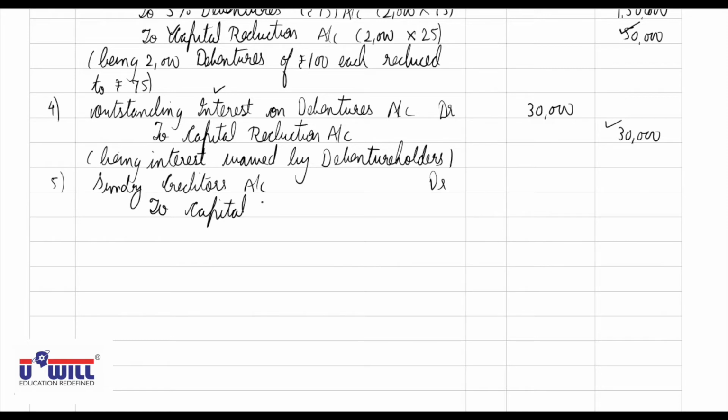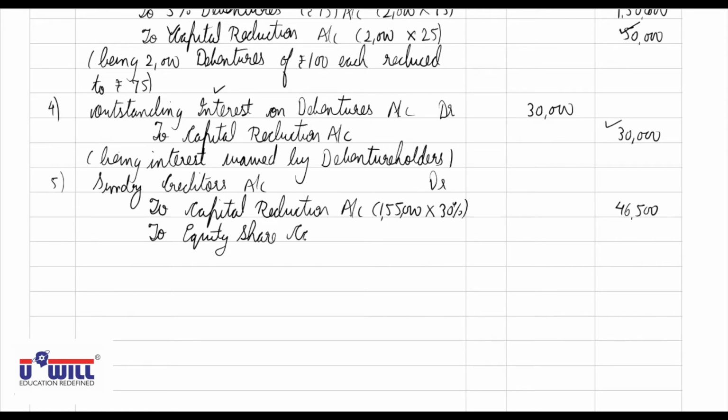So to capital reduction account 1,55,000 into 30%, that is 46,500, and to equity share capital account, 30,000 of equity shares are given to them. So to equity share capital account 30,000. Now how many equity shares would have been given to them?